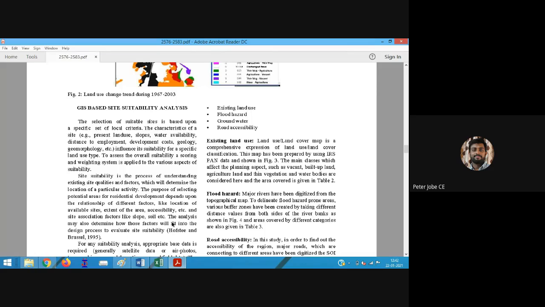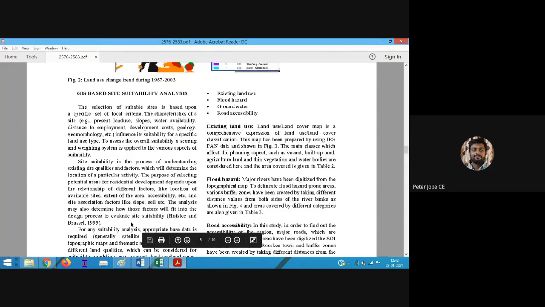So we will find the relationship between the different factors like location, extent of area, accessibility, and also the type of soil, the slope of a particular area, etc. So the analysis may also determine how those factors will fit into the design process to evaluate the site suitability.